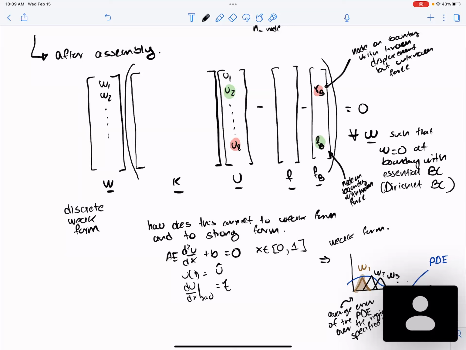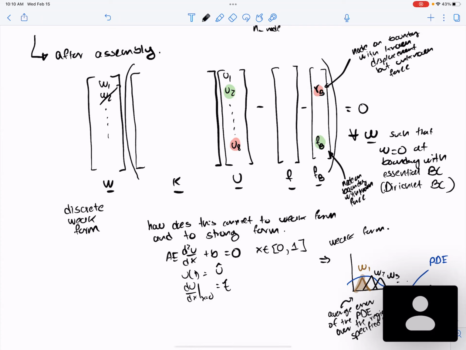So this is the reason for the W to be 0, because I still want this equation to be 0, right? So I still want that line to be 0, but I don't know the force. How do I guarantee that that line is 0? I make the W corresponding to that boundary to be 0. So this is the condition of the W has to vanish at nodes with known displacement but unknown force, because I still want the equation to be satisfied.